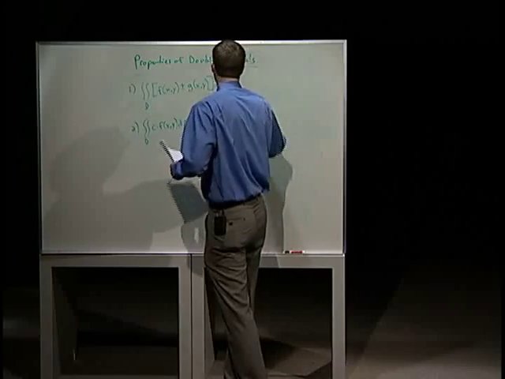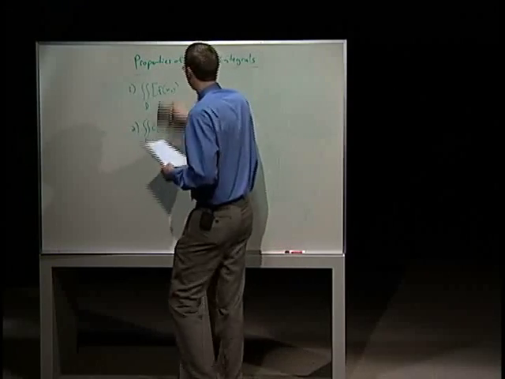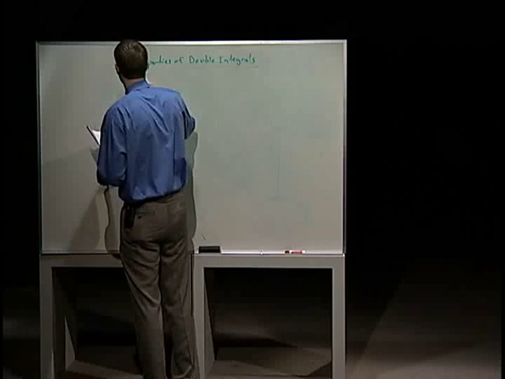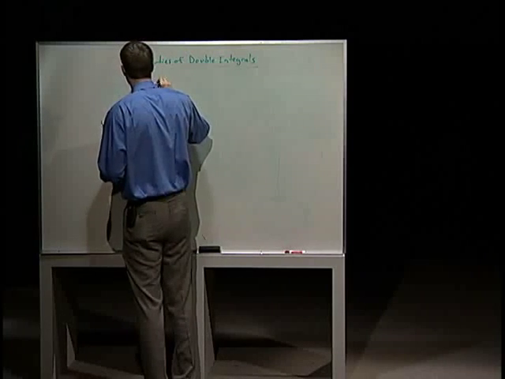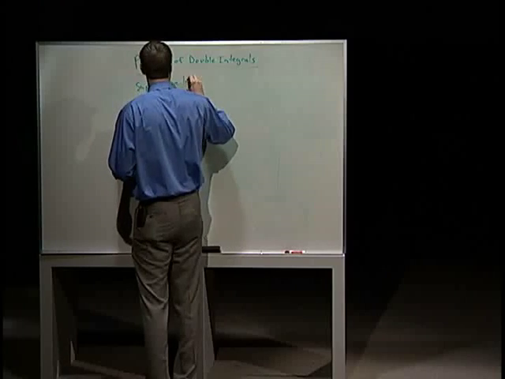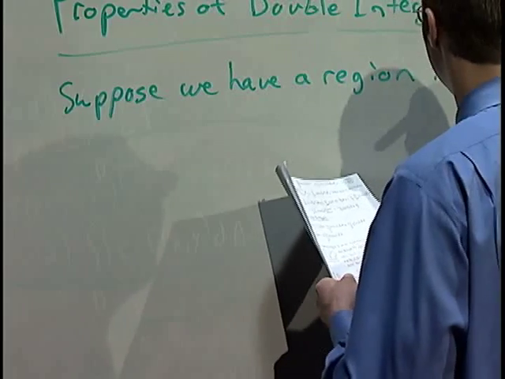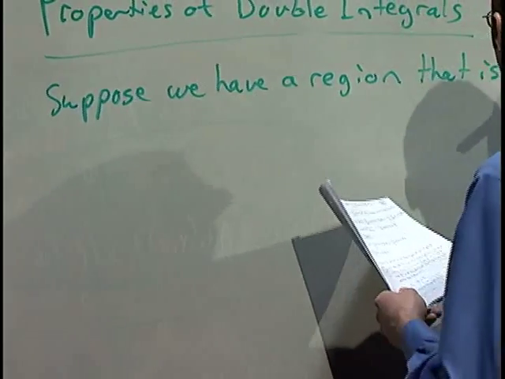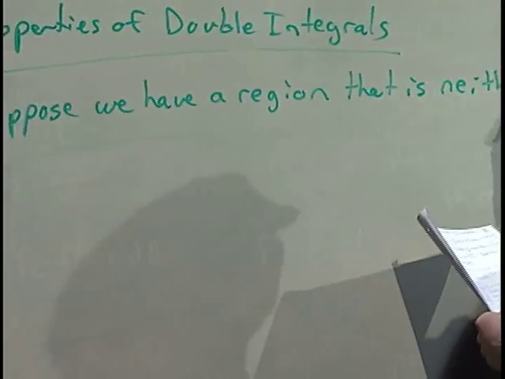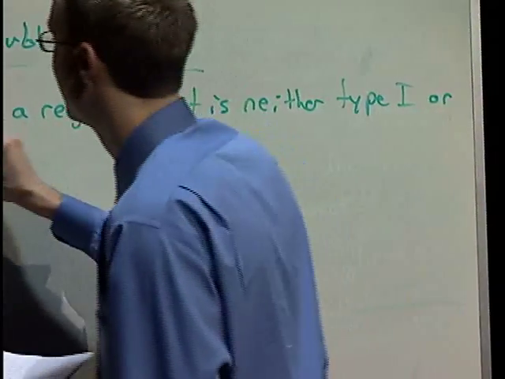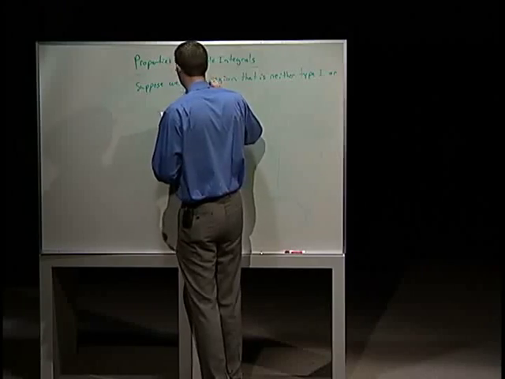The last one could actually be of some use if we have really complicated regions. So suppose we have a region that is neither type 1 or type 2, right?